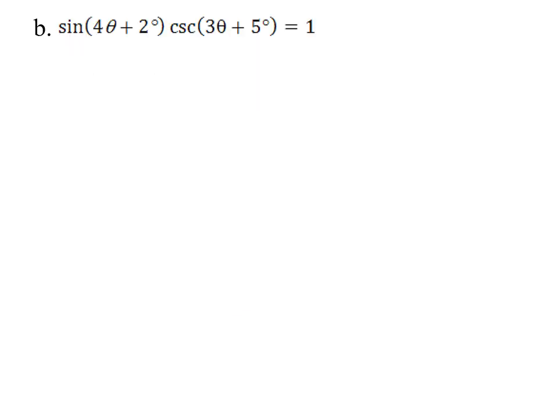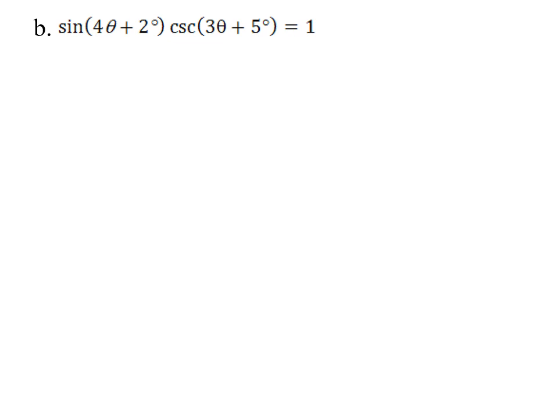So we'll do one more of those. The idea here is you want to get the trig functions to say the same thing. That way you can drop them off. So sine of 4 theta plus 2 degrees times cosecant of 3 theta plus 5 degrees equals 1.